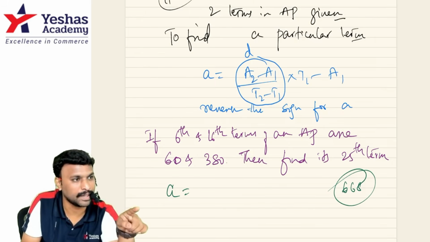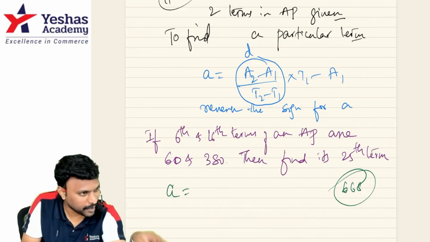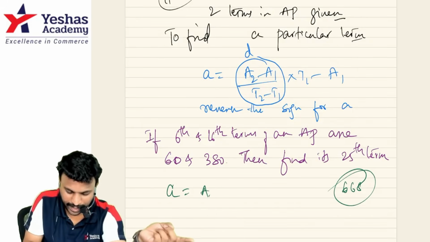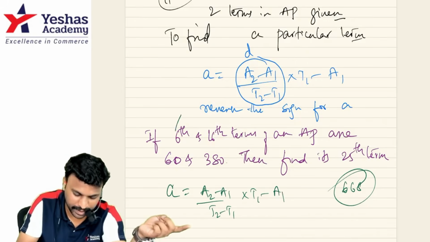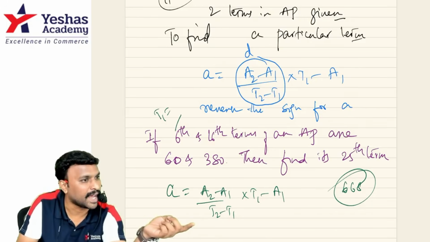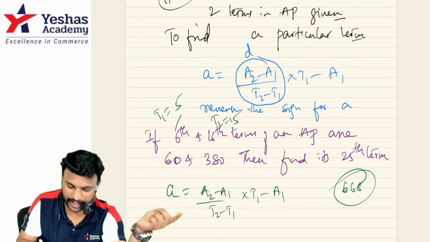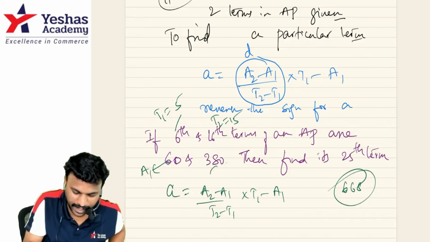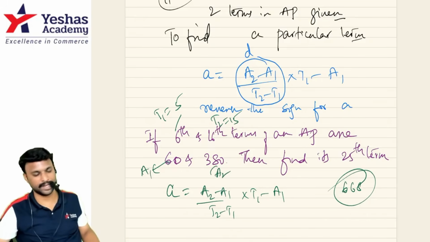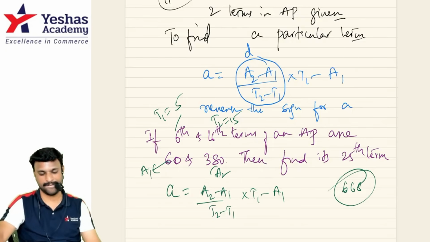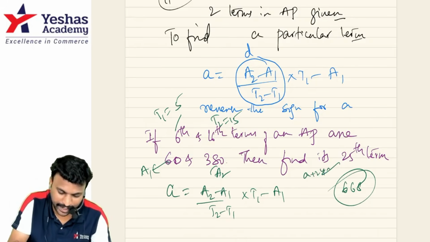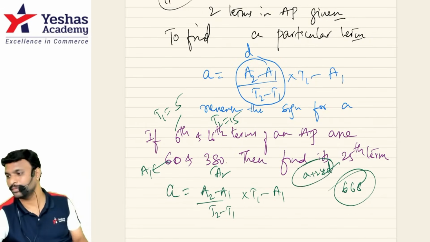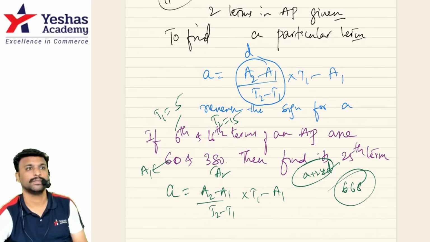Negative, but we will take it as positive. A2 minus A1 by T2 minus T1 into T1 minus A1. Everybody, what is T1? 5 or 6? 5. T2, 15. A1, 60. A2 is 380. Let me do it and leave for the break. But what is T25? A plus 24D is what you need to compute. Yeah, go for break now.